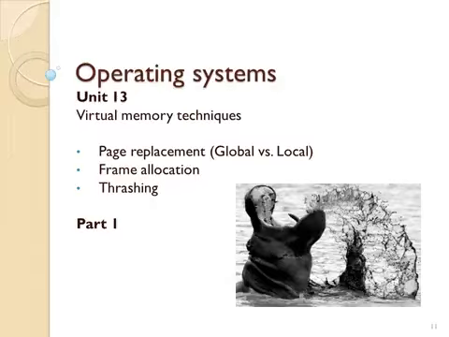Page replacement we will talk about in the next video, but you can do page replacement globally or locally. How many frames get allocated per process, and then this concept of thrashing that can happen because the system is thinking that there's no work being done, but in truth there's no work being done because the processes are not getting the number of pages needed.